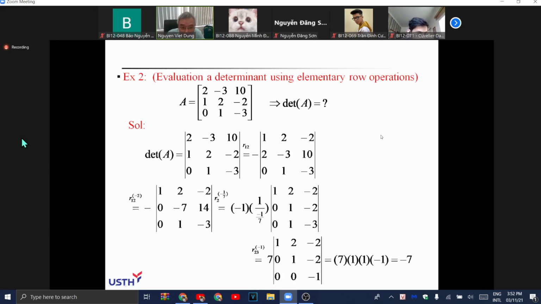Now, before the break, I explained by examples how we can use elementary row operations to find the determinant of any square matrix.